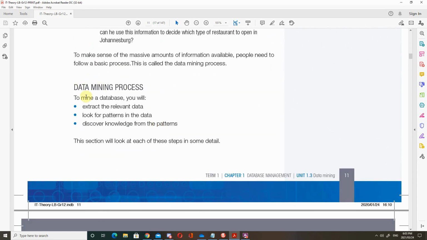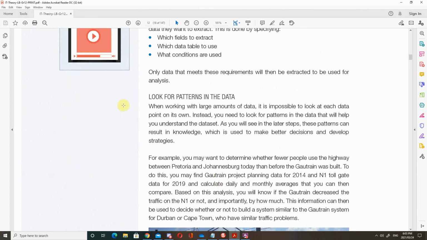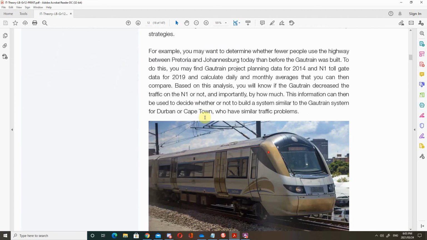Okay, so the data mining process: extract the relevant data, look for a pattern, and then discover knowledge from the pattern. Then they sort of explain that you must just look for specific fields to extract from a specific table, specific conditions, looking for a pattern.